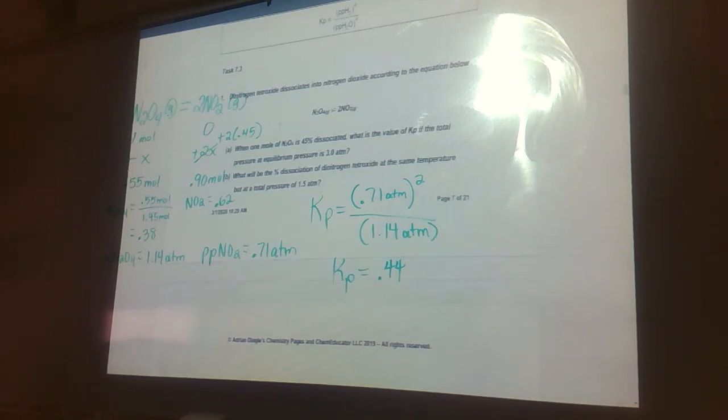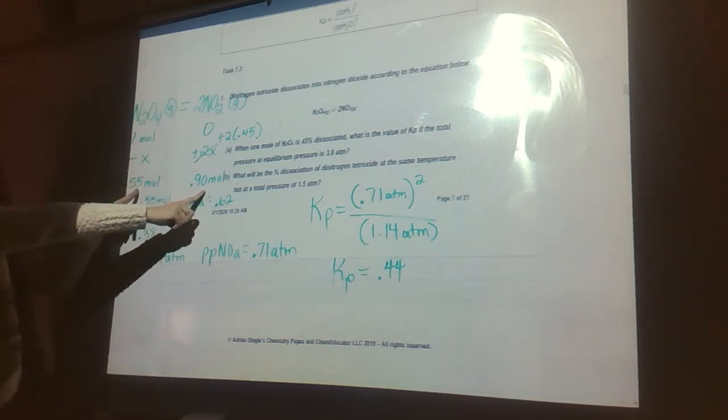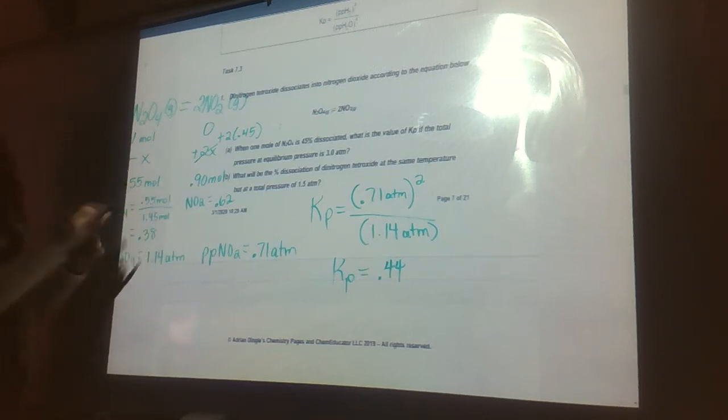Why did you divide the moles? Where did you get this number and why did you do it? I needed the mole fraction to find the partial pressure. What is the mole fraction? The mole fraction is the part divided by all the moles. So at equilibrium, I have 1.45 moles and then 0.55 divided by that.